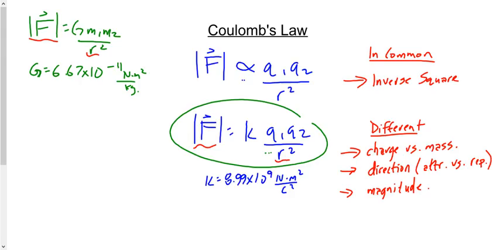Okay? There are 4 fundamental forces of nature. Gravity is one of them. The electromagnetic force, of which this is part, is another one. Then there are 2 more forces in the nucleus called the strong nuclear force and the weak nuclear force. Strong nuclear force we've actually talked about a little bit. The weak nuclear force we haven't. Gravity is the weakest of those 4.